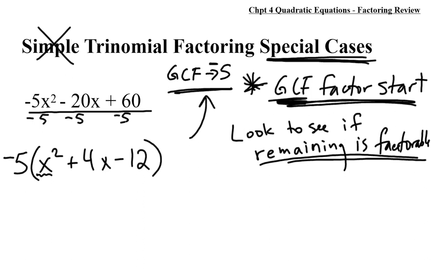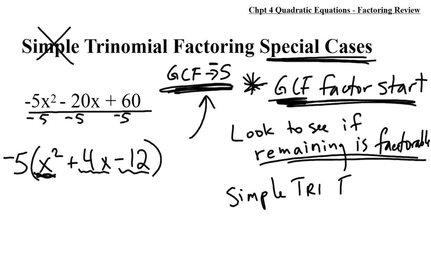Now we have the x squared, the x term, and the constant. X squared is by itself, so sometimes your GCF is going to be a negative. At that point, now we can do simple trinomial factoring to finish off the question.